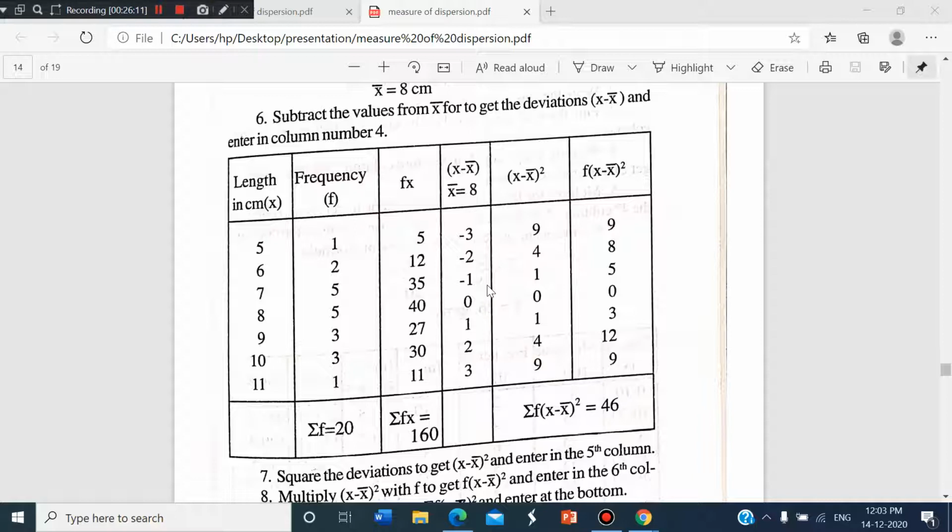Once you put all these data, now you have x, you have f value, you have fx value, and you have x bar value also. If you total all the frequencies, it comes to 20. If you total fx, frequency and the length, it becomes 160.